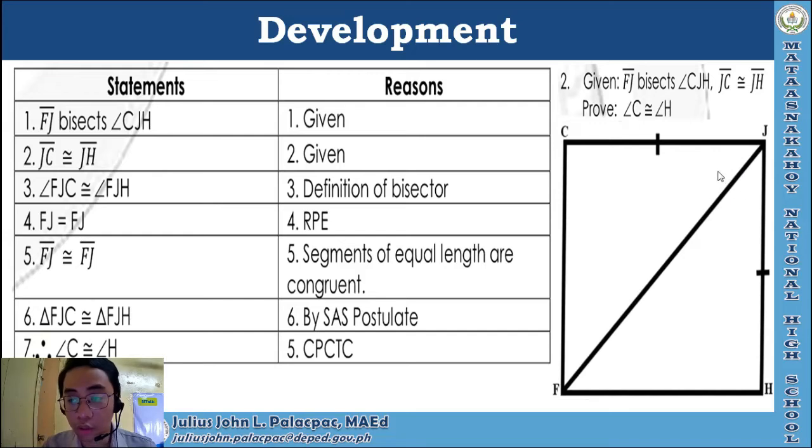So sila ay congruent by SAS congruence postulate. Then we can say that angle C is congruent to angle H by CPCTC.